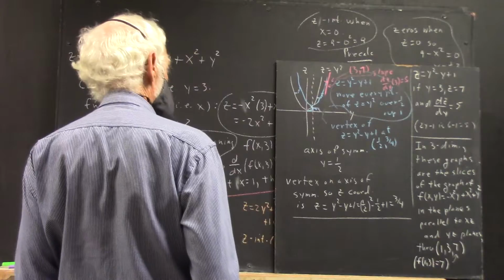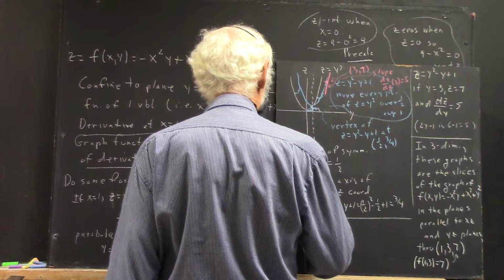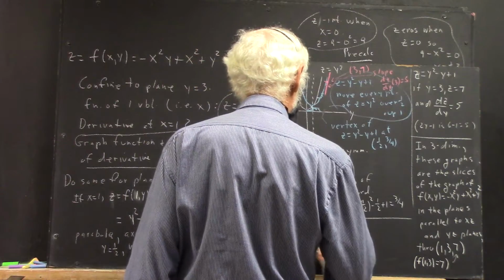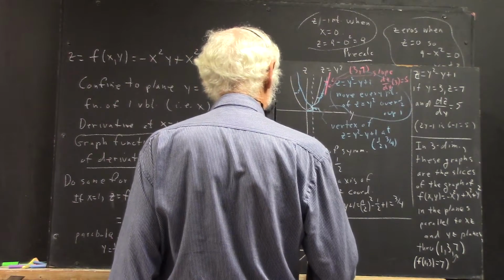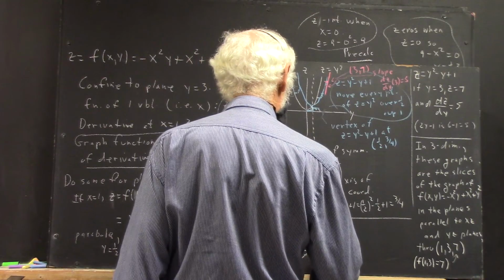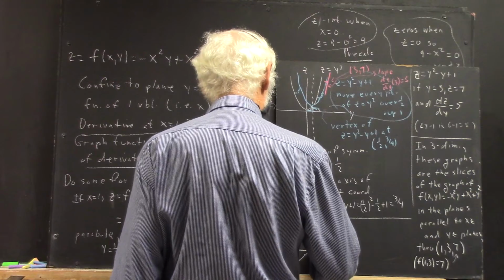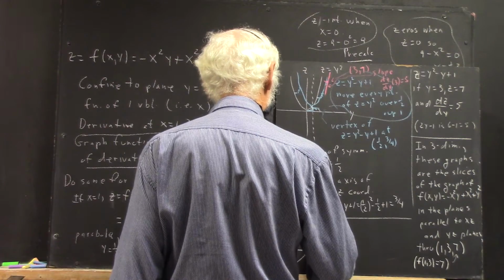Now you can attempt to sketch that graph. X is 1 and y is 3. Let's say here is 1, 3, and you come up here 7 units.